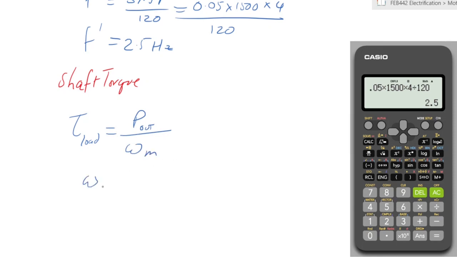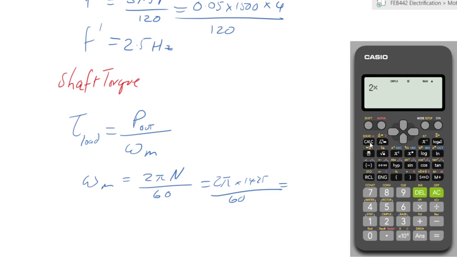And angular mechanical speed is equal to 2 times pi times mechanical speed over 60, which is 2 pi times 1425 over 60, which is 149.22 radians per second.